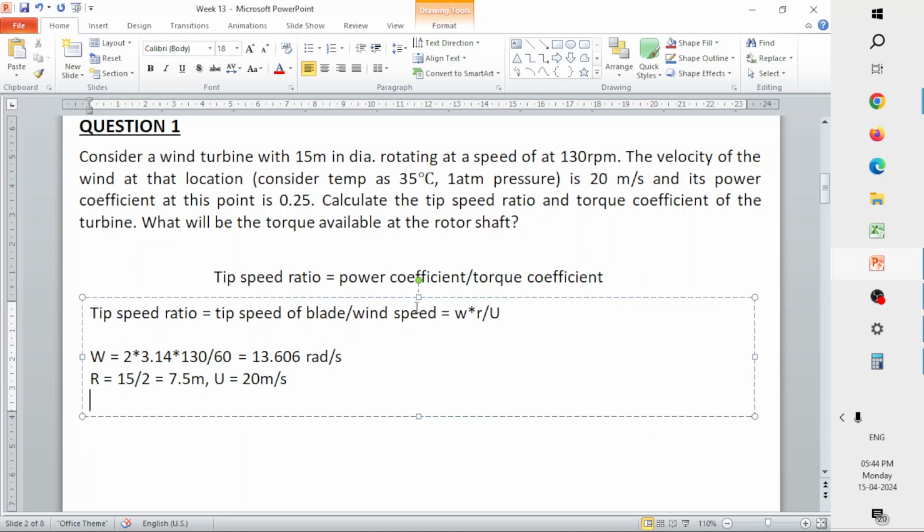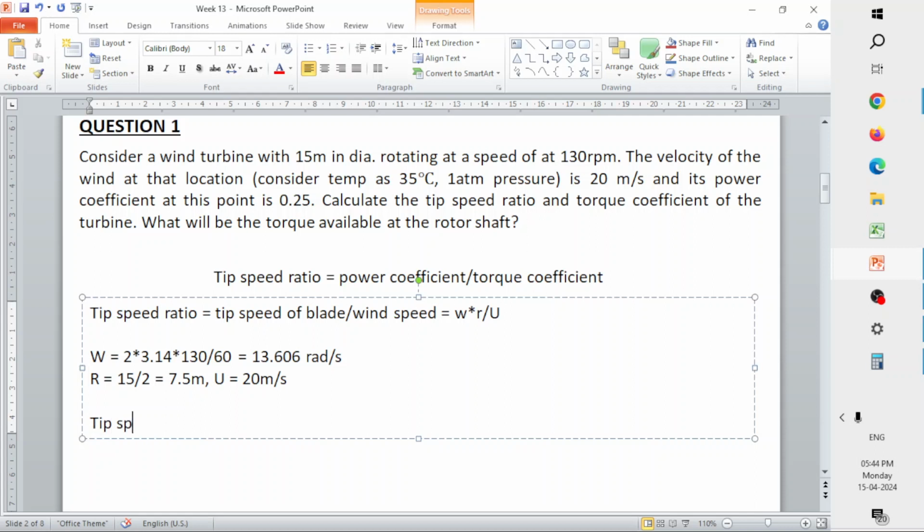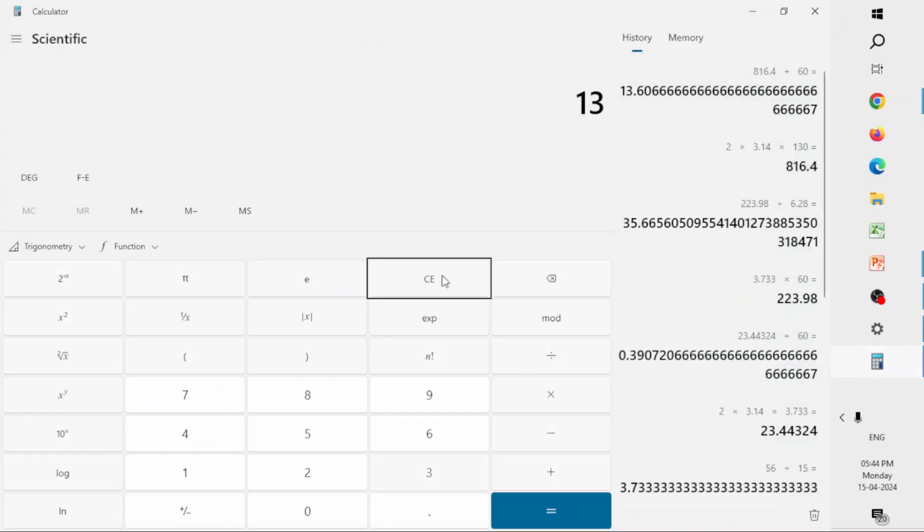So tip speed ratio will be 13.606 times 7.5, whole divided by 20. So what is the value of tip speed ratio?